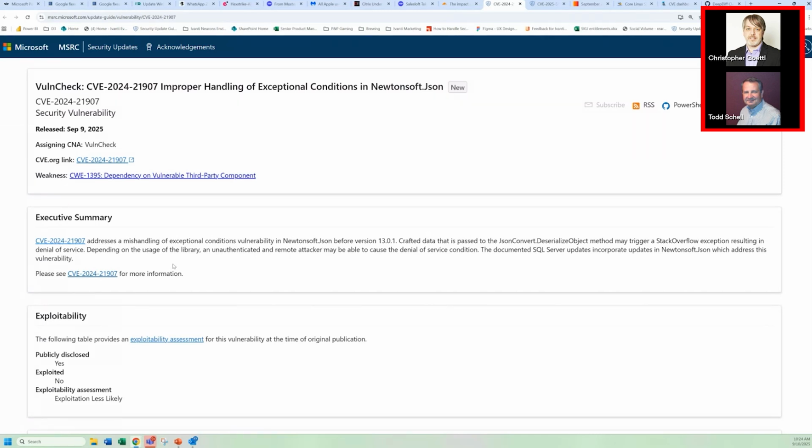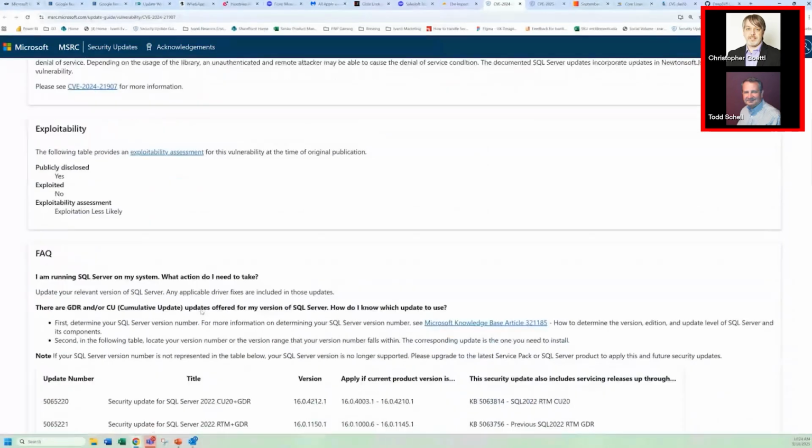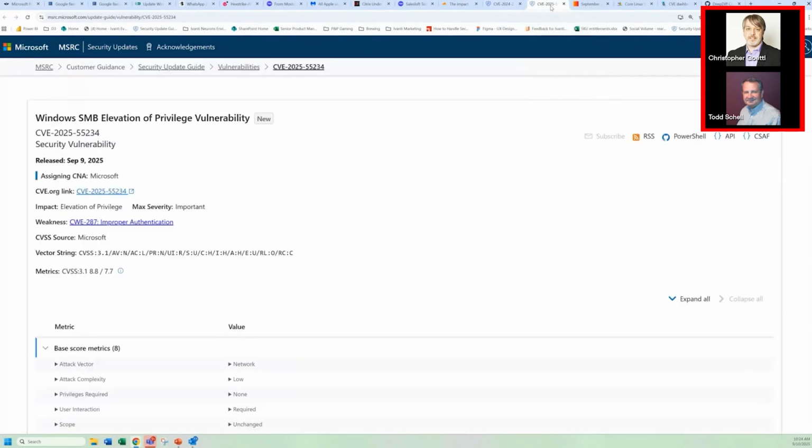So I wouldn't say this is a go rush out and patch this immediately, but have your SQL admins start rolling out the latest updates, test them adequately, and get them rolled out within your regular maintenance this month. So that was the first of the two public disclosures. The second one is a vulnerability in Windows SMB, another elevation of privilege vulnerability.